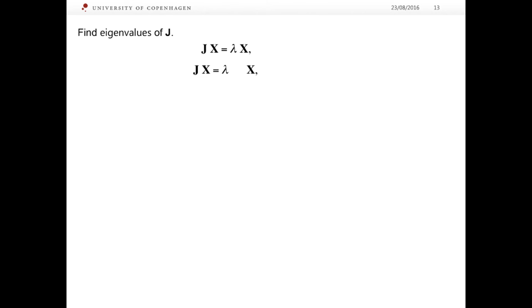Look at the left-hand side of this equation. We know that if we take vector x and multiply it by the identity matrix I, nothing will change.